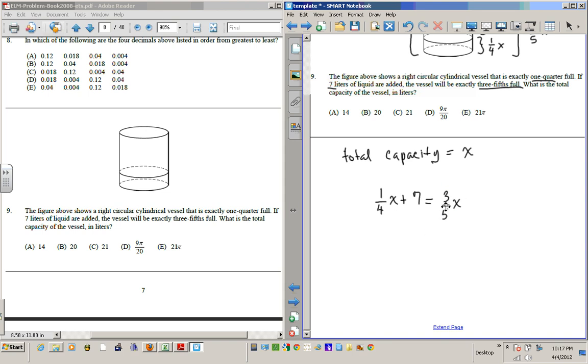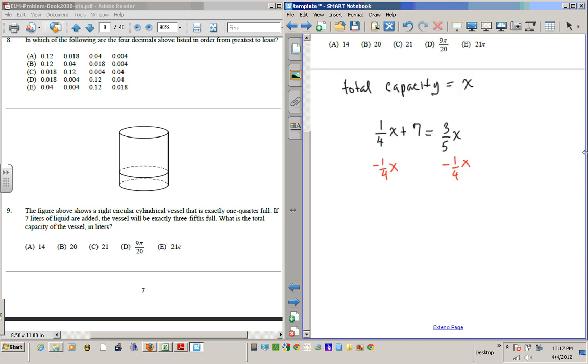Since there's already an X here, why don't I just move 1/4 X to the right? So I subtract 1/4 X from both sides, and that gives you 7 equals 3/5 X minus 1/4 X.